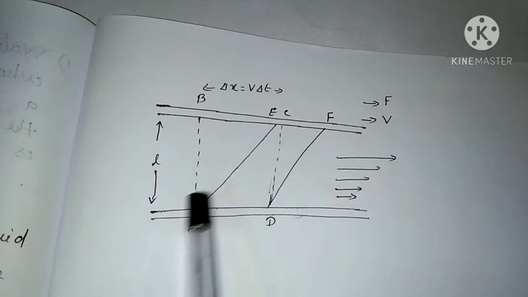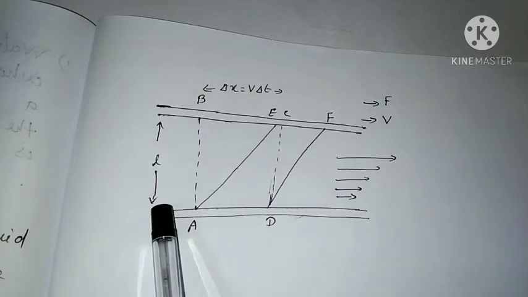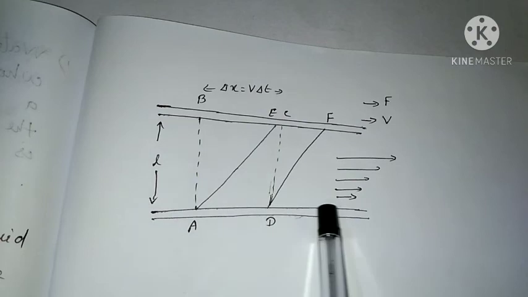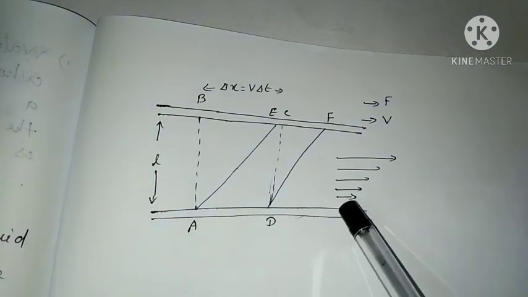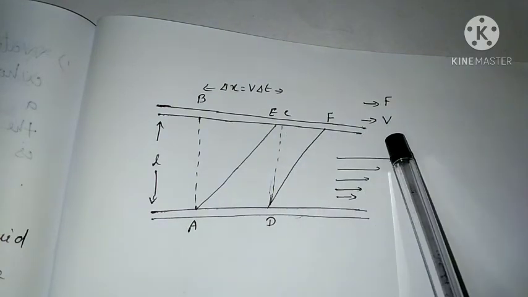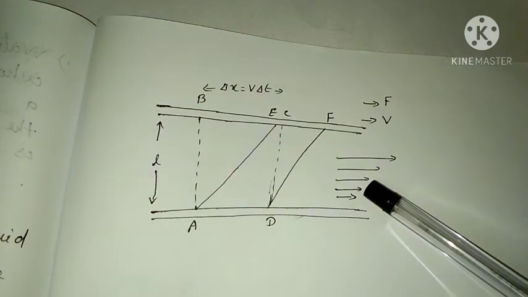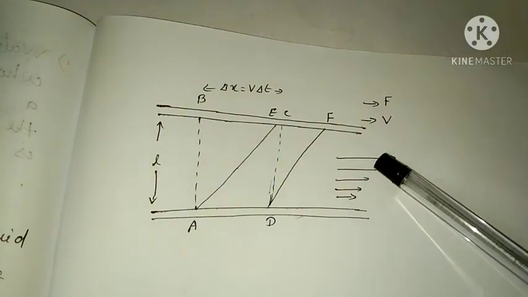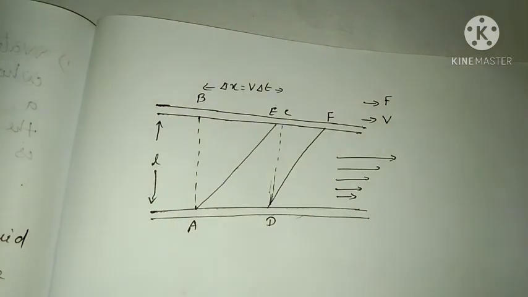When you look at this figure, this bottom layer is fixed, so the liquid which is in contact with this bottom layer has velocity 0. Then the liquid on the top layer moves with a velocity v. So here the velocity is increasing from bottom to top.